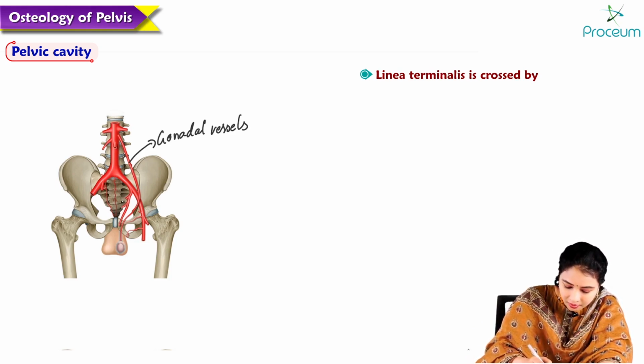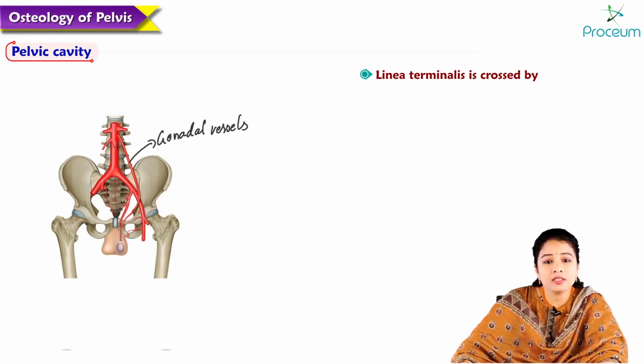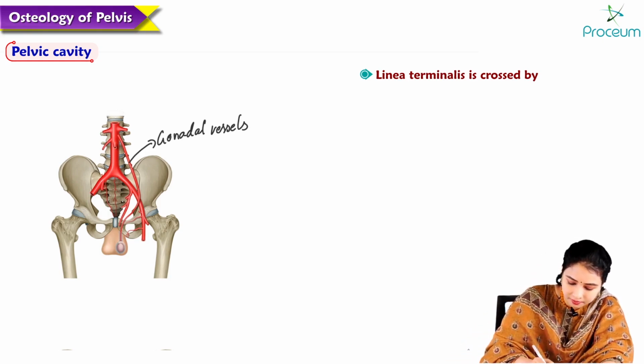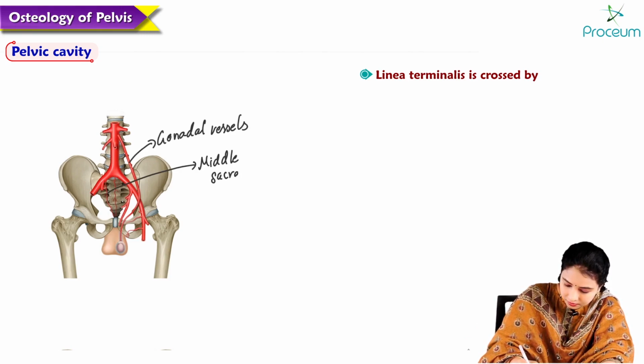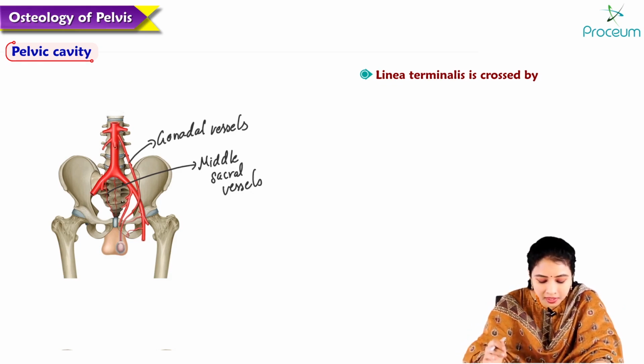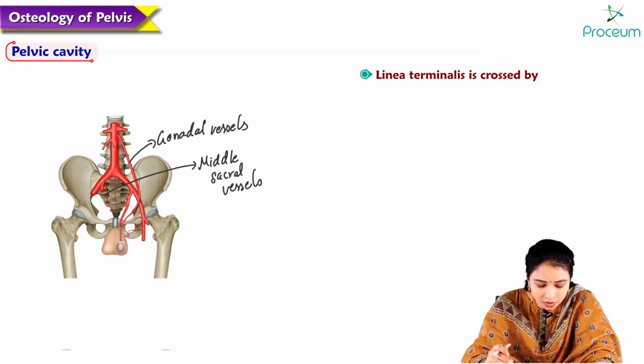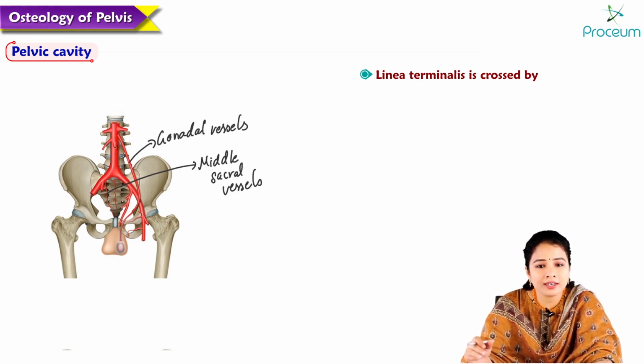They supply the ilium and the lumbar region, and the middle sacral vessels. So these are the blood vessels, but in this image I can show you only the gonadal vessels and middle sacral vessels which cross the pelvic brim or the inlet of pelvis.